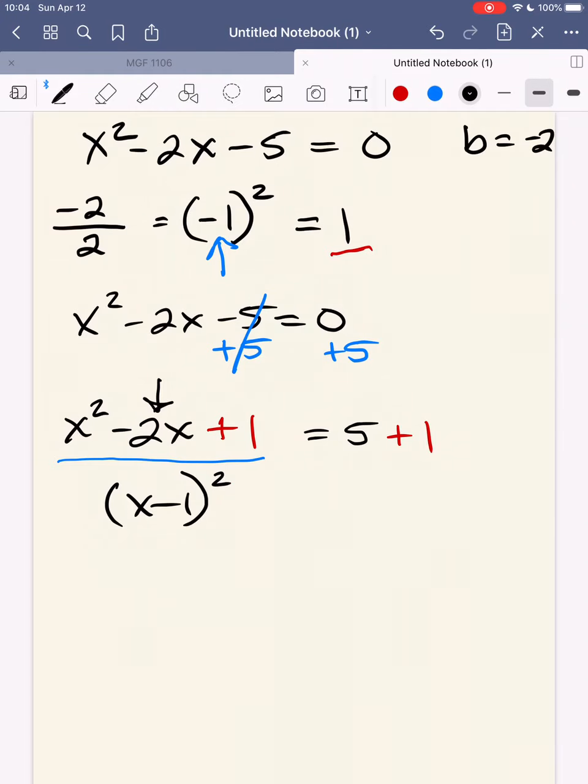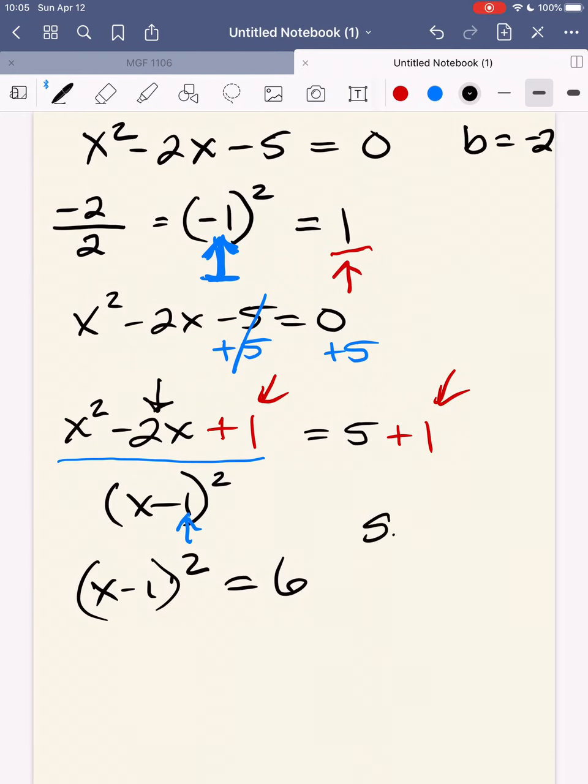So this negative 1 is the same negative 1 that came from here. That's pretty cool. Whatever you get after you divide by 2 actually goes in your binomial. After you square it, that's what gets added to both sides. So I have x minus 1 squared is equal to 6.